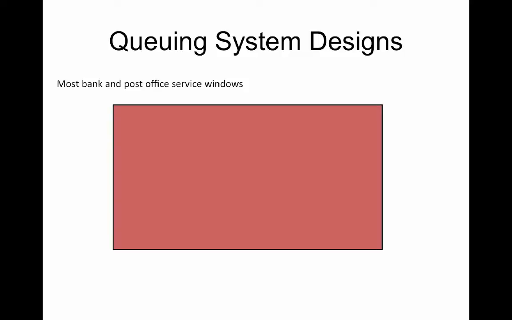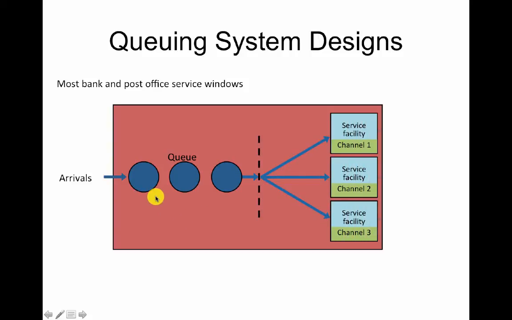So here's a third one. Banks often employ this. What you'll have is a queue. I've seen this done at Wendy's too. So you have multiple people in line, and then they shift to whichever one's open first.